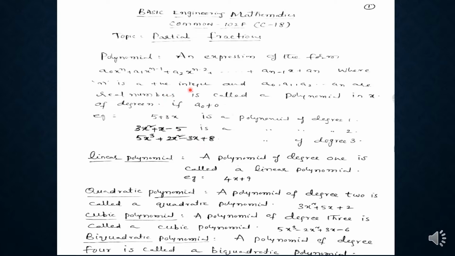But formally, an expression of the form a0 x to the power of n plus a1 x to the power of n minus 1 plus a2 x to the power of n minus 2 plus and so on plus an minus 1 x plus an is called a polynomial of degree n, where n is a positive integer, a0 is not equal to 0, and a0, a1, a2, up to an are real numbers.